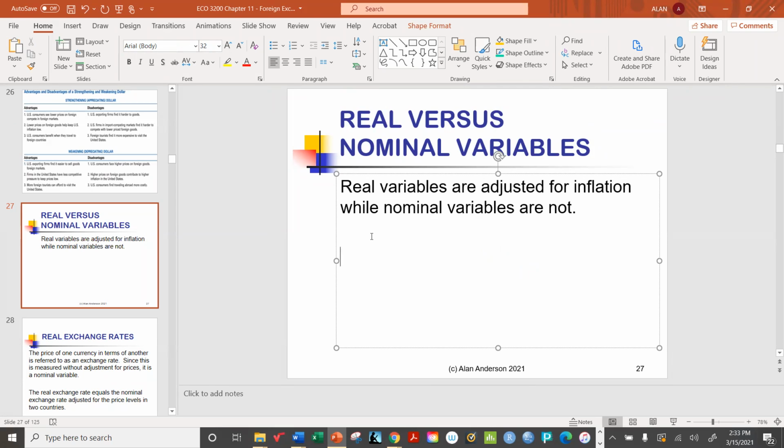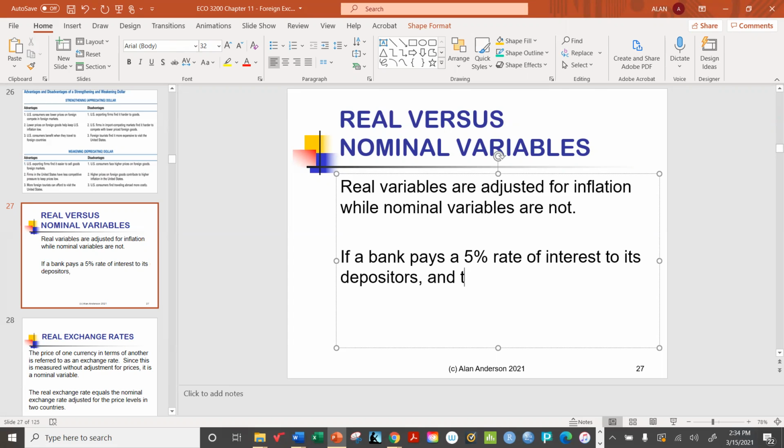Now, nominal variables are the ones we actually observe in the real world. So, for example, if a bank pays a 5% rate of interest to its depositors, and the rate of inflation is 2%, then we can make the following statements.